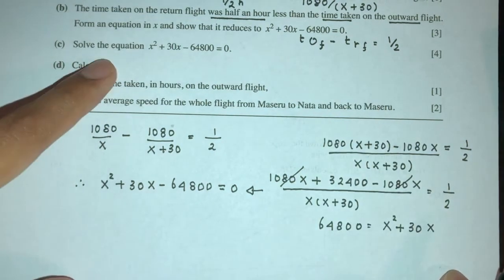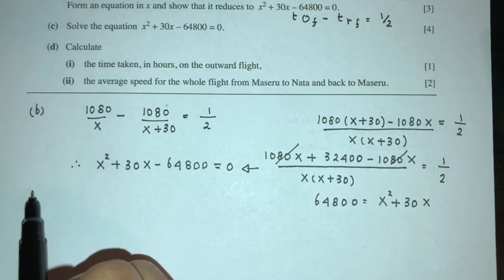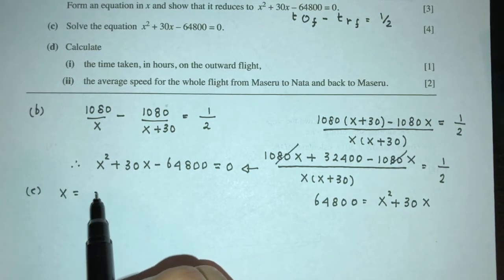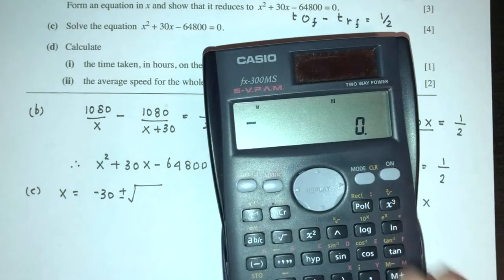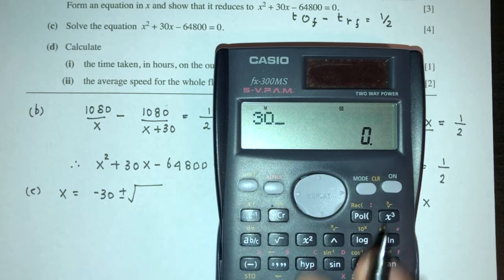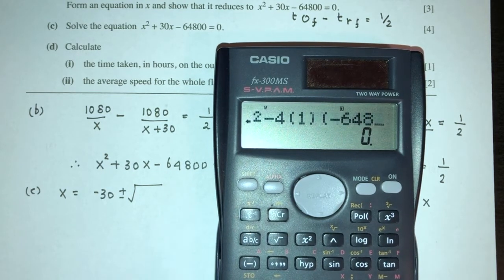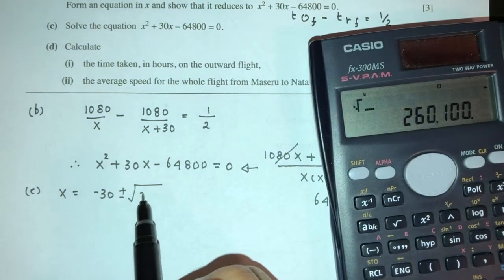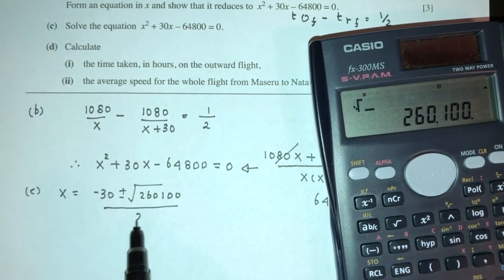Now part C, we have to solve this equation. You can solve by factorization, or you can just use your formula directly. So x will be minus b plus or minus the square root of b squared minus 4ac. b squared is 30 squared minus 4 times a times c. That will be 260,100, all divided by 2a, which is 2.